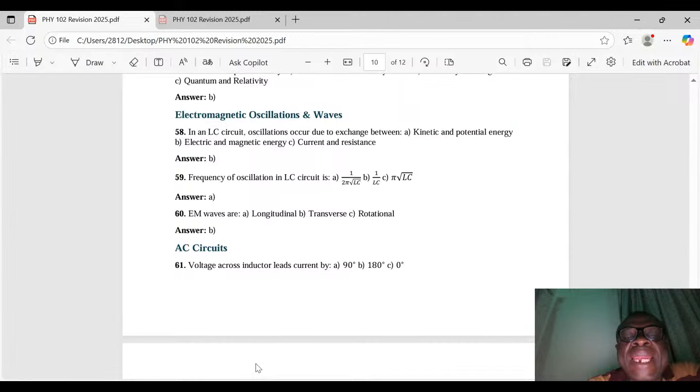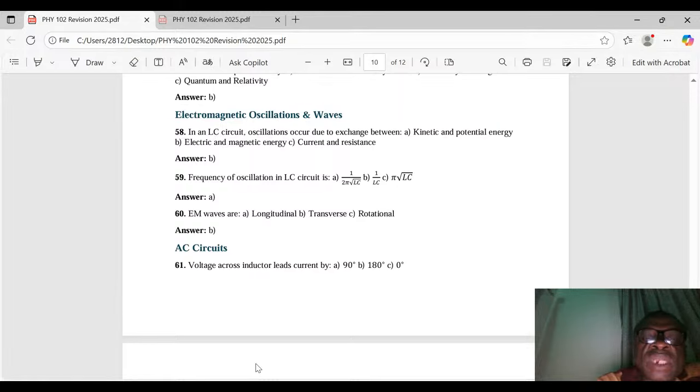So when you say in an LC circuit, oscillation occurs due to exchange between A. Kinetic and potential energy, B. Electric and magnetic energy, C. Current and resistance. The answer is B. Electric and magnetic energy.